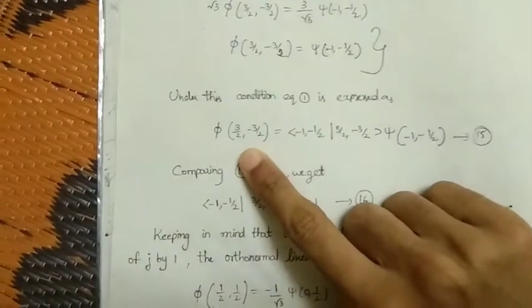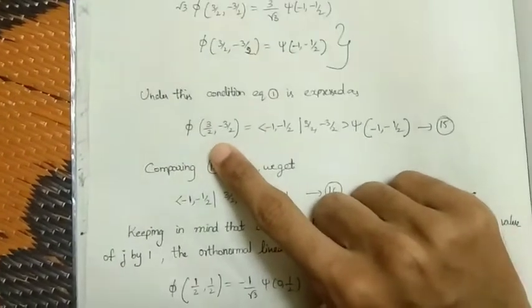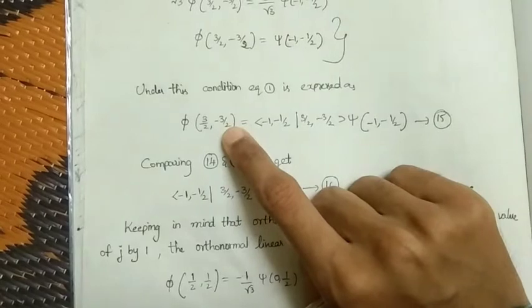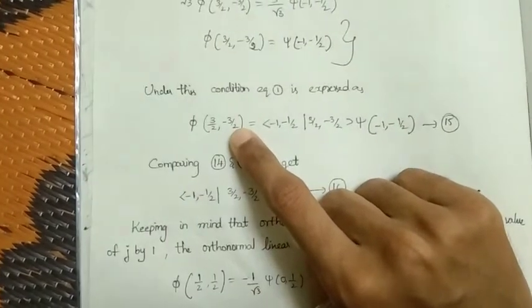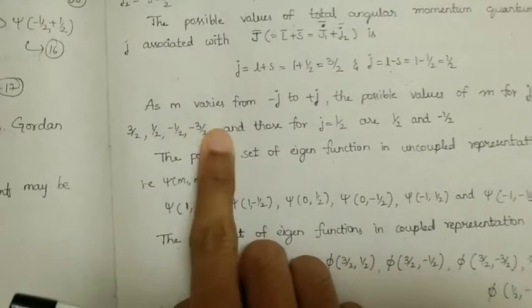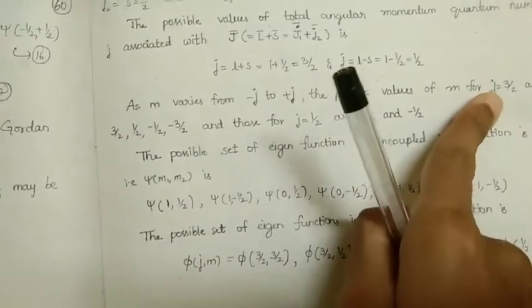No further can we operate j minus, because if we operate it would reduce minus 3 by 2 minus 1, that is minus 5 by 2, but m value minus 5 by 2 is not possible. So as we have discussed here, m values are 3 by 2, half, minus 3 by 2, and half comma minus half for j equals 3 by 2, and this is for j equals 1 by 2. So we don't have minus 5 by 2.